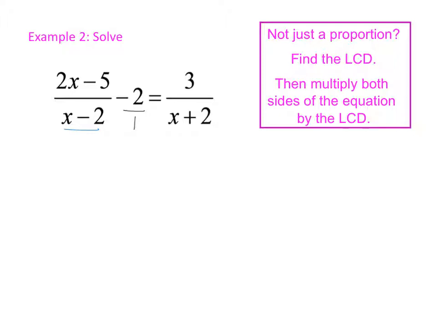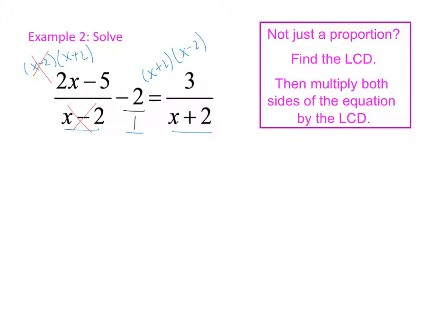So x minus 2 and x plus 2. Now, why that's beneficial is because now I can cross out the x minus 2's because those two together just cancel each other out. Then this minus 2 right here needs an x plus 2 and x minus 2, and nothing cancels out with the 1.